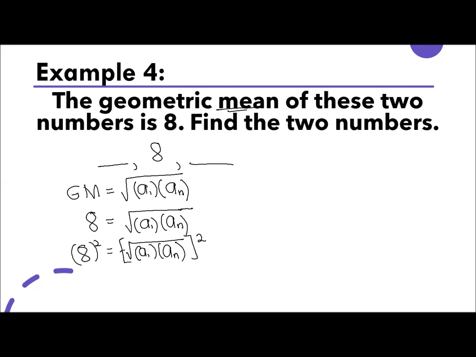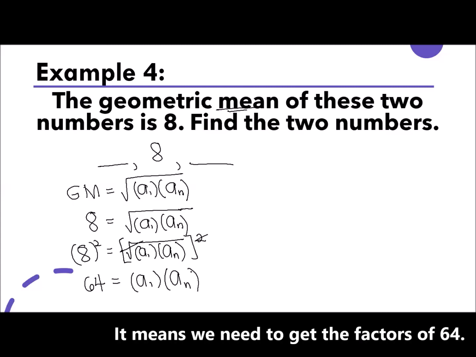Bakit? Para matanggal to. Okay? So, you will now have 64 because that is 8 squared. Then, matitira si a sub 1 at saka si a sub n. So, ngayon, dapat nating i-recall yung factoring.